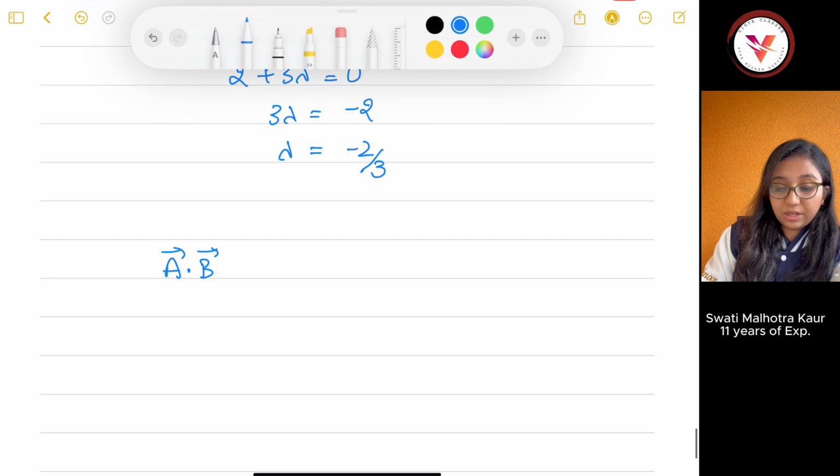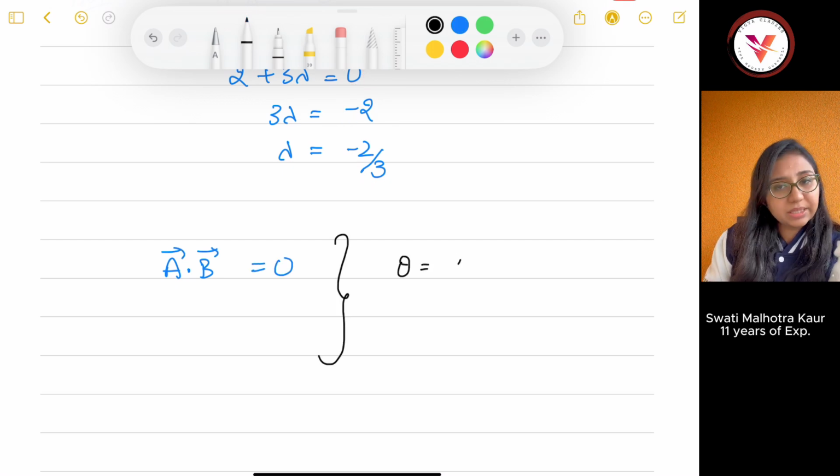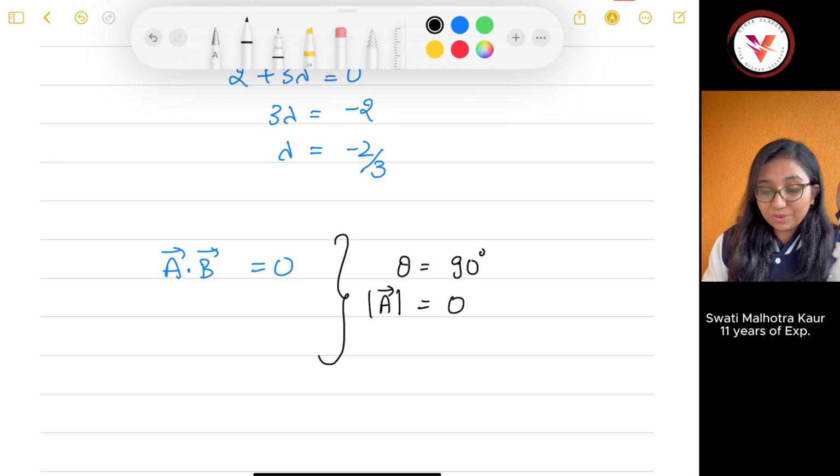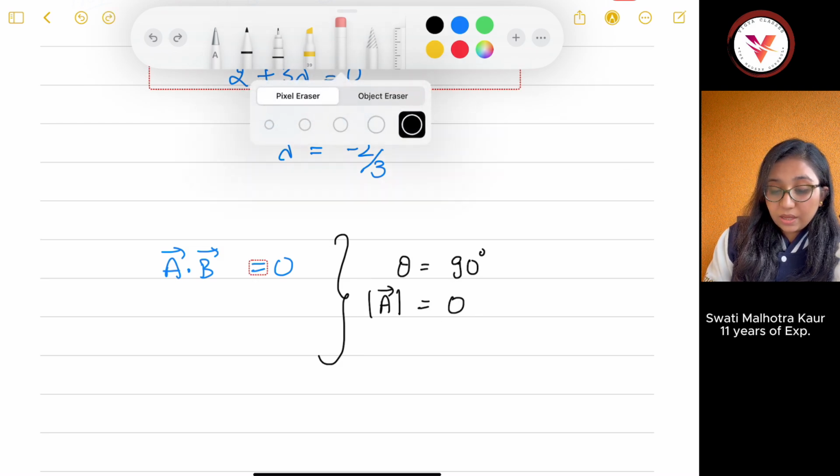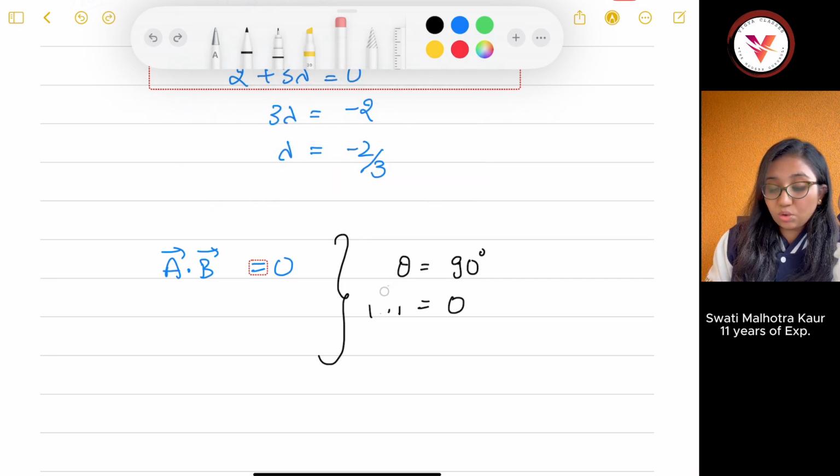a dot b is 0 has 3 conditions basically. First, theta is 90 degree, which means a and b are perpendicular. The magnitude of a vector can also be 0, so either a vector is 0 or b vector is 0.